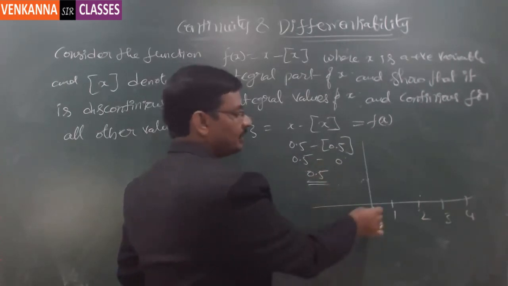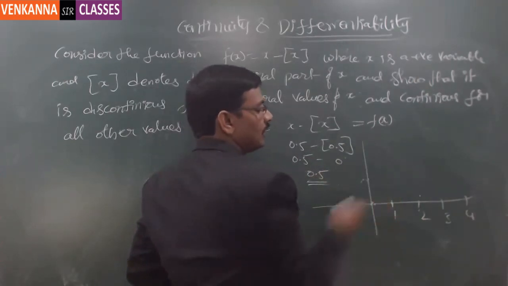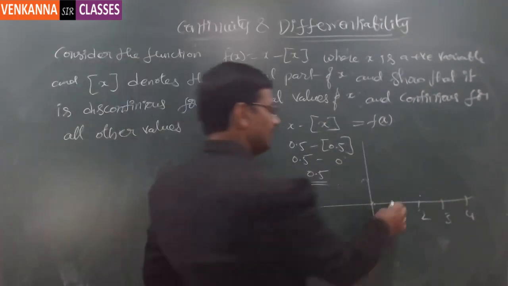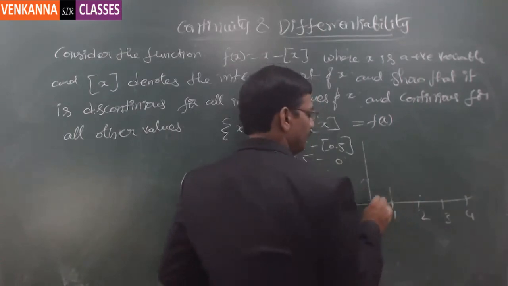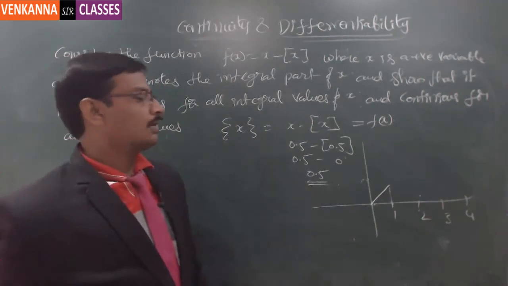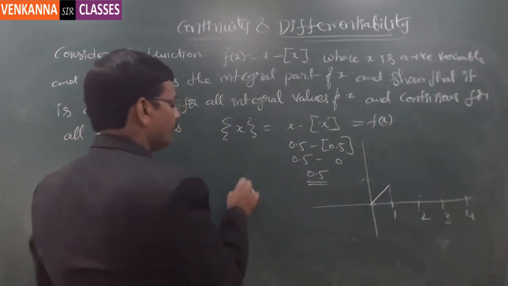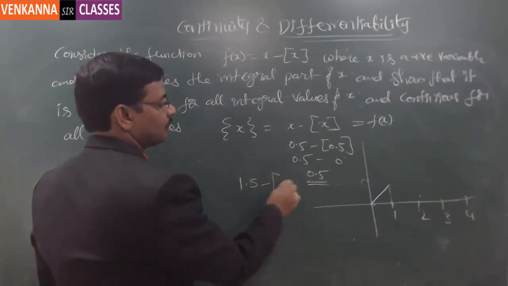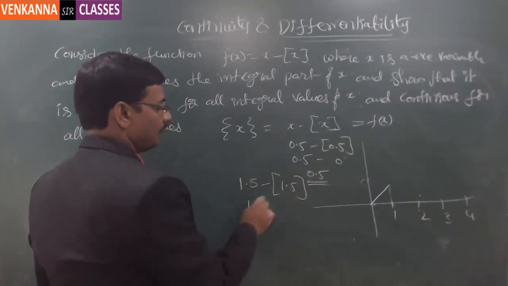So whatever may be the possible value, I take it from 0 to 1. This is always y is equal to x. That means till 1, if I draw it, this is the kind of graph I am going to get. Now after 1, I take 1.5, then 1.5 minus step of 1.5. This is 1.5 minus 1.